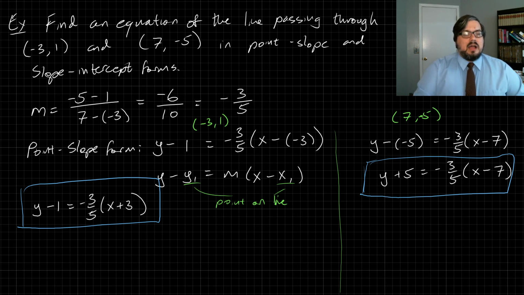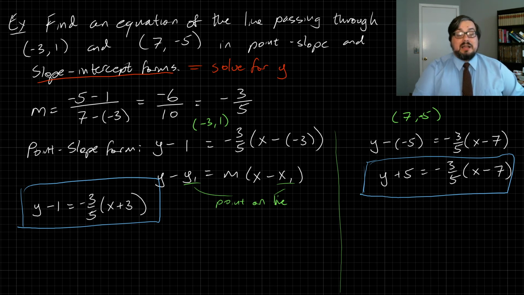Now, how do we get slope-intercept form? To get slope-intercept form, we solve for y. And that'll apply no matter which point we started with. So, let me do the left-hand one first. We'll get y minus 1 equals, distribute the negative 3/5 through.